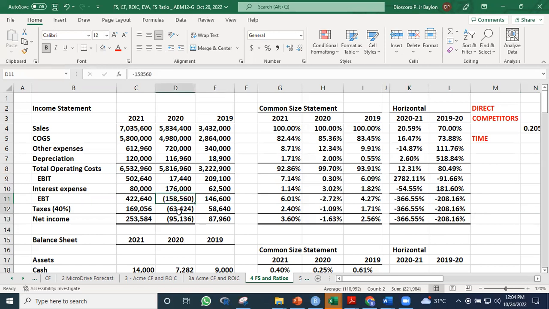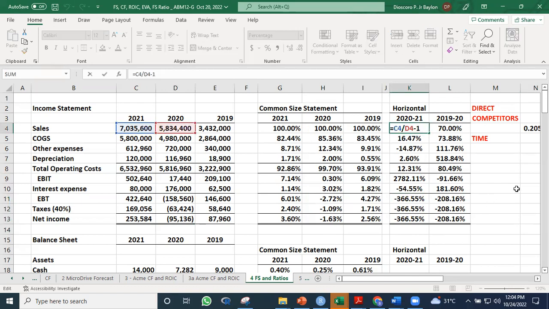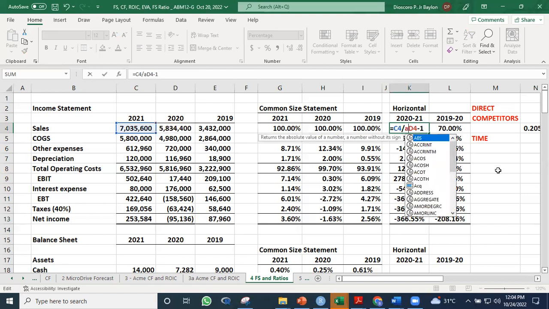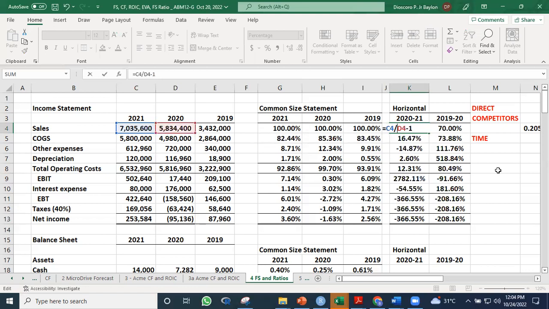So kapag negative yung previous, yung ibang ginagawa dito, kinukuha nila yung absolute. ABS, absolute value.